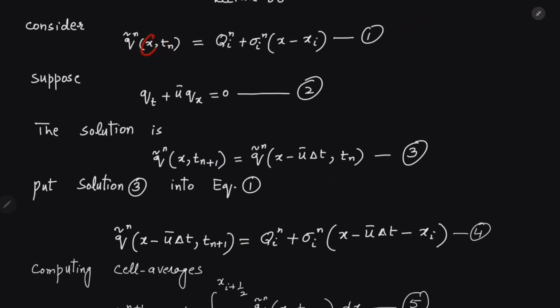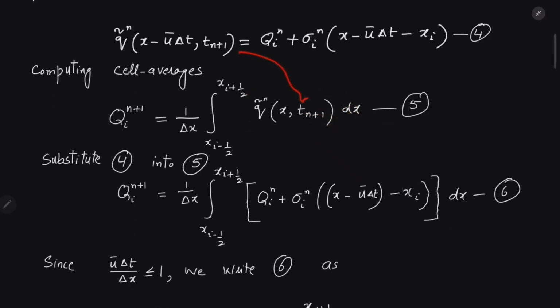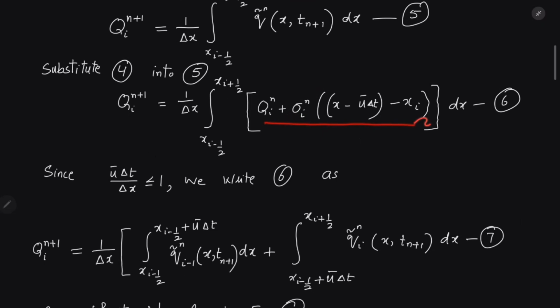So this x will become x minus u bar delta t, and t^n becomes t^{n+1}, and we have Q^n. Then we replace this Q with x minus u bar delta t. So the cell average is defined like this, and we put the value of Q^n at t^{n+1} over here, which we already did.